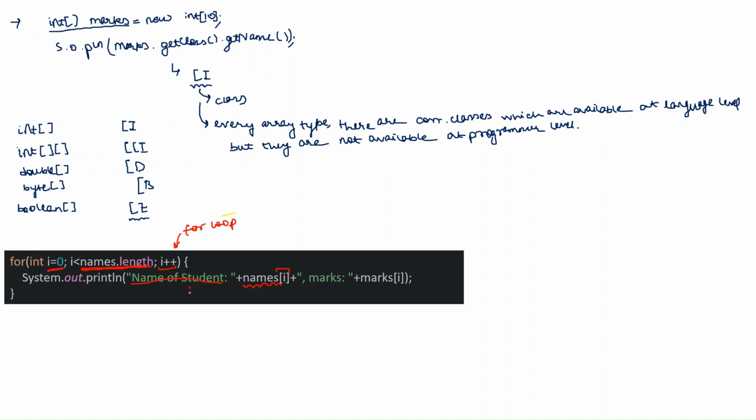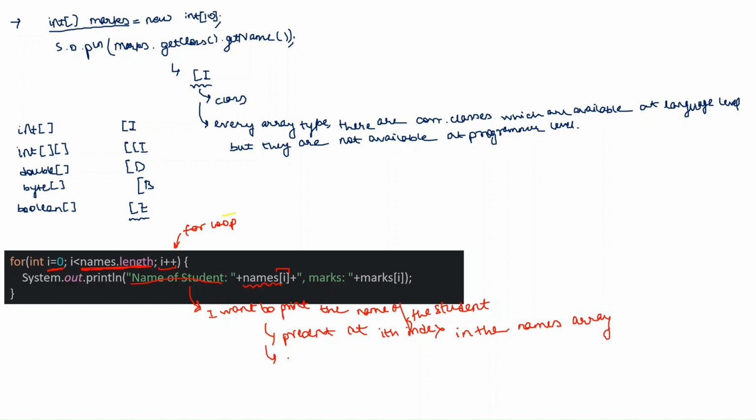So you can visualize this as if I want to print the name of the student present at the ith index in the names array, along with the ith index in the marks array. So how does this work?